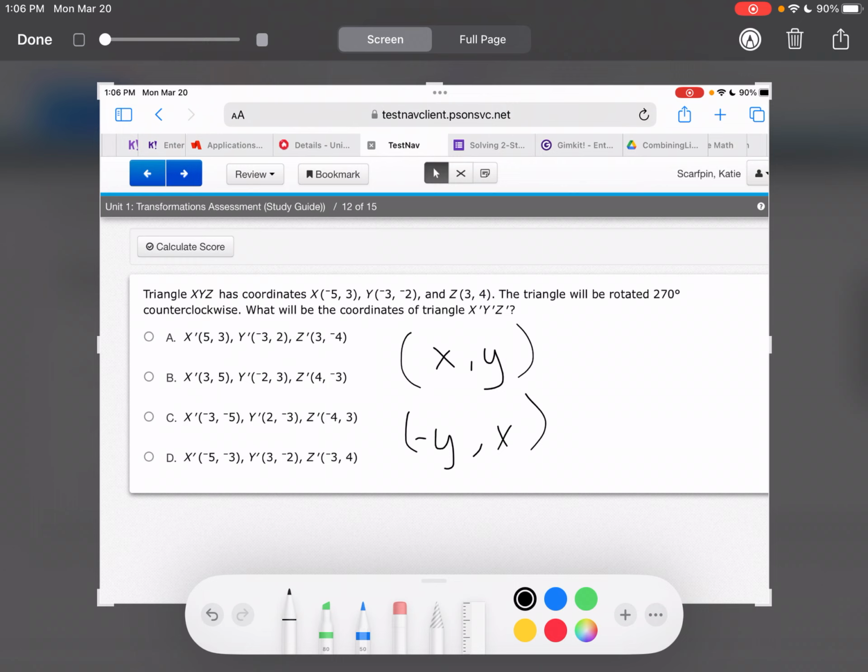Hang on a second. It's 270 counterclockwise. Never mind, let's look at it again. Since you're going counterclockwise, that would be 90 degrees clockwise. So 90 degrees clockwise would be the same as having X, Y.